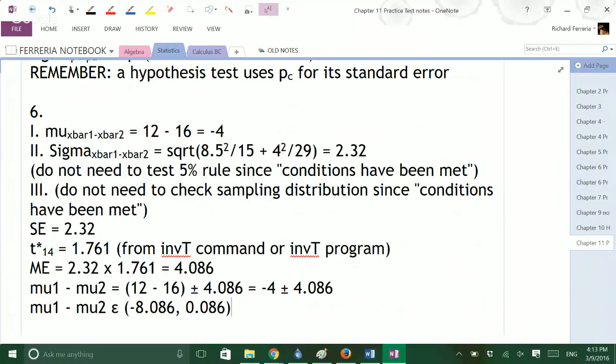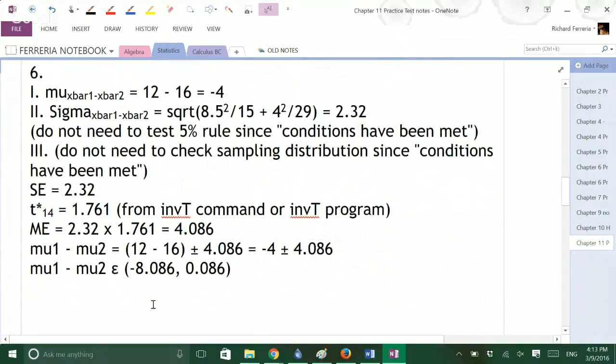I think that's right. Looking good? We always pick it from the smallest sample.